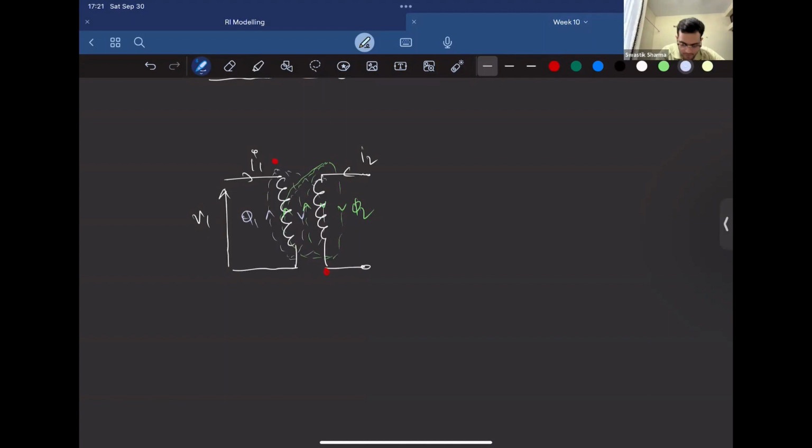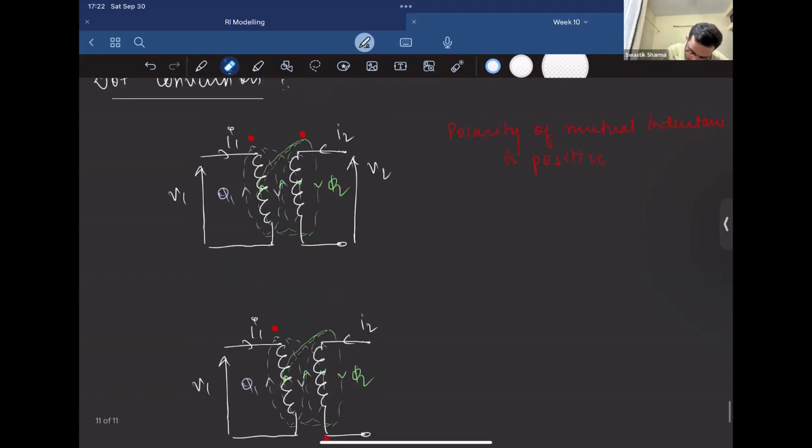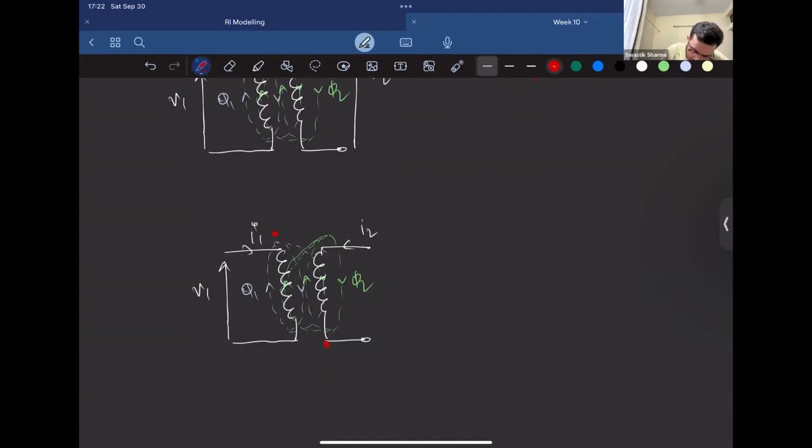So we say that the current should enter the terminal, right? But now what it's doing is leaving that terminal. It's going from this terminal to this terminal. So the effect is that on this side, at the V1 side, the polarity of mutual inductance would be negative.